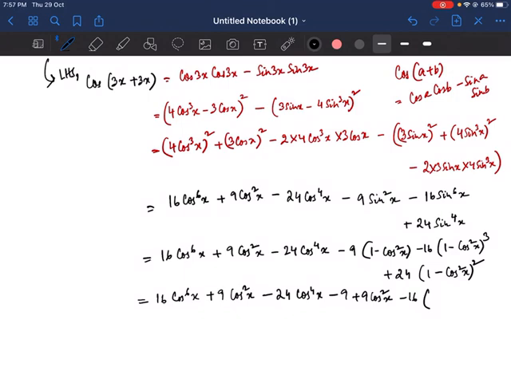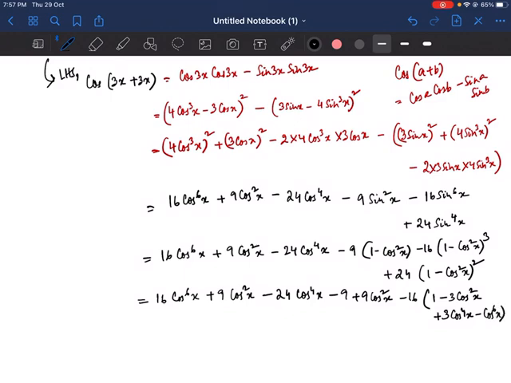It is a cube. First I will write 1, then minus 3a square b. So 3 into a square into b, where b is cos square x. Then plus 3ab square: a is 1, b is cos square x, so ab square will be cos^4 x. And the cube of this will be minus cos^6 x.